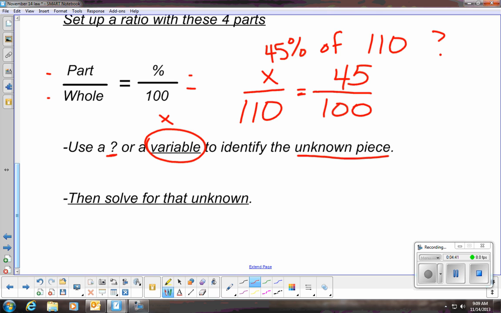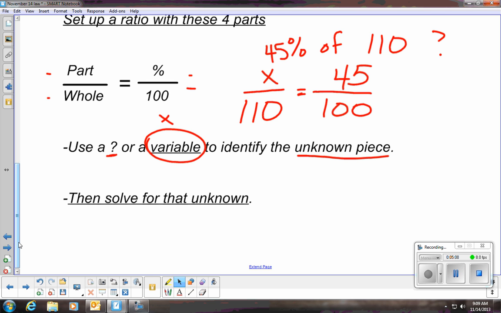So that's where our X is going to go. Okay? In the younger grades, you'd have a question mark or a blank box or something to identify the number that you're missing. Basically, we're going to turn it into variables now. That just stands for the number we don't know that we're trying to figure out. Okay? Now, we use what we know about equivalent fractions.